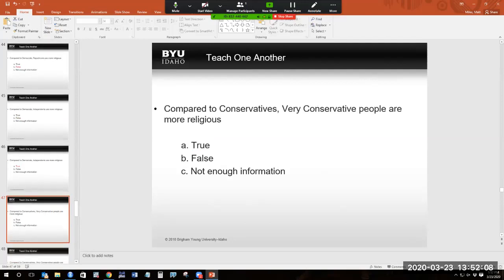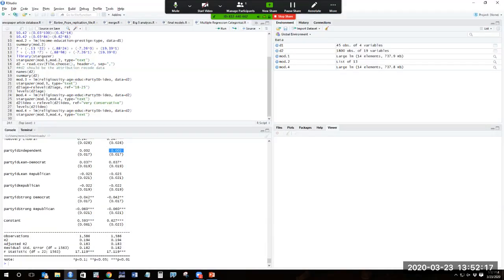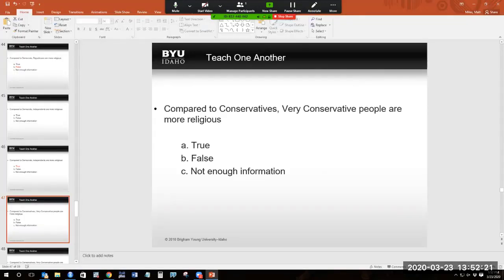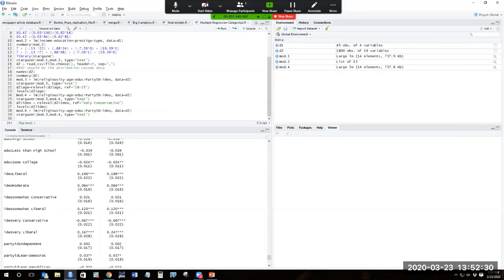Now we'll go to political ideology. Compared to conservatives, very conservative people are more religious. So let's look at conservatives on here. Political ideology.